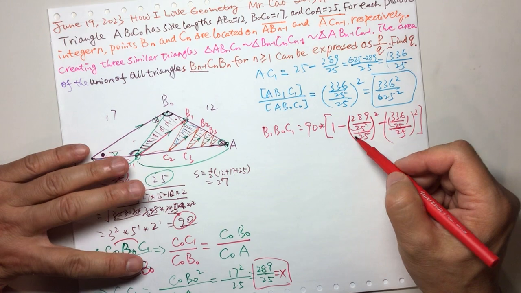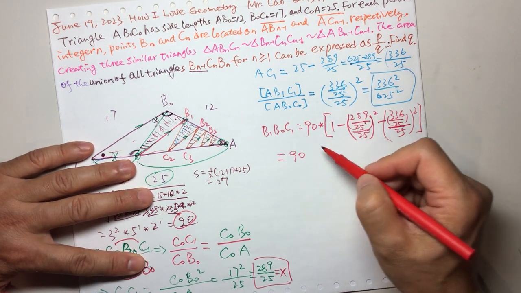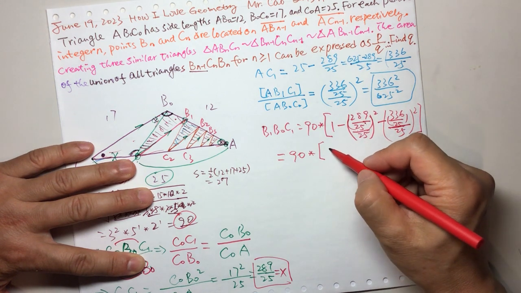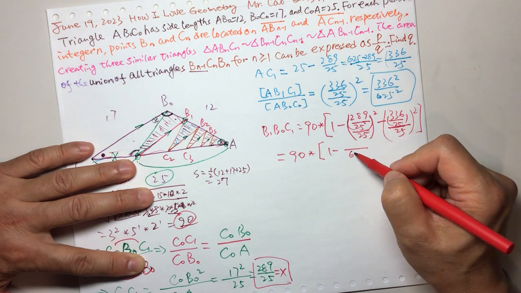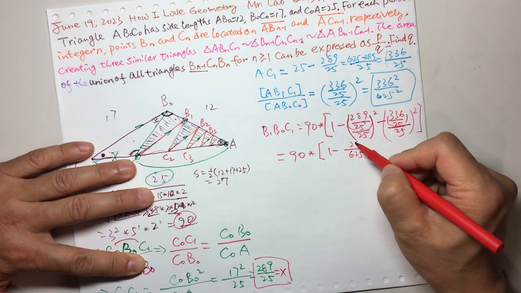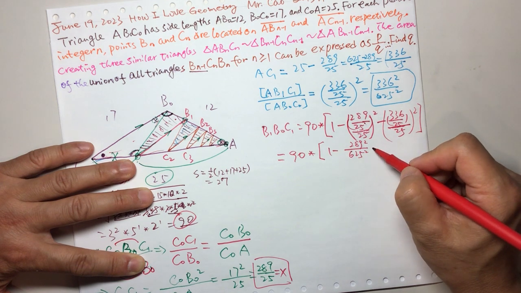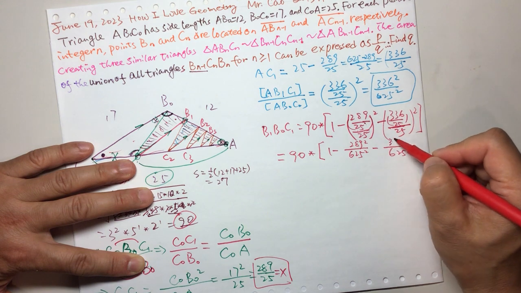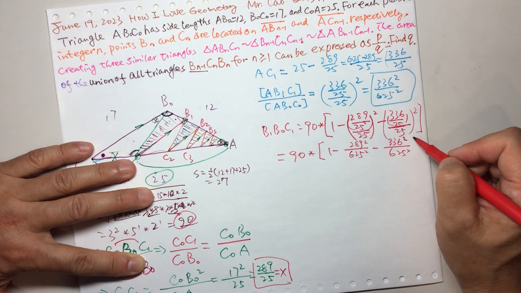So we can simplify a little, not a total of them. We just times 1 minus that's 625, 289. That's squared. Here is squared. Also minus squared 336 squared, right?